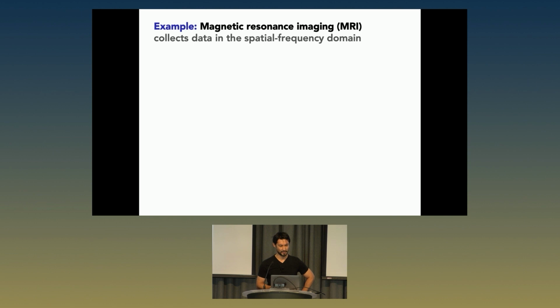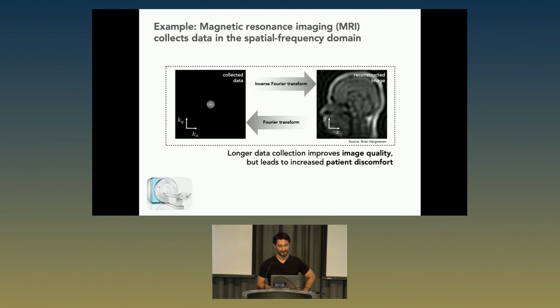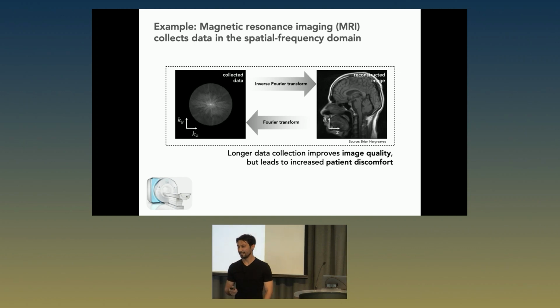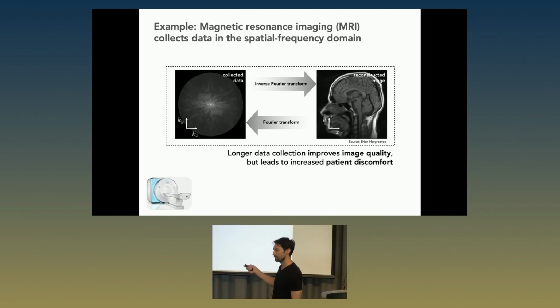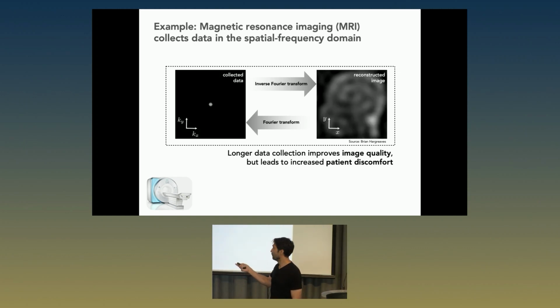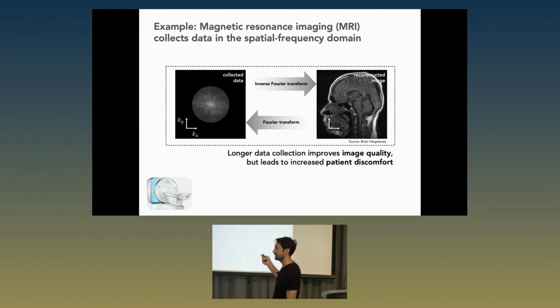The first is something we've heard about already. It's magnetic resonance imaging. In MRI, where we collect the data is in the frequency space, which is also known as K-space. But what we do want is image space. So we don't directly get the image space, unlike photography, right? We have to collect data indirectly and sequentially, and then when I take the inverse Fourier transform, I get the image.